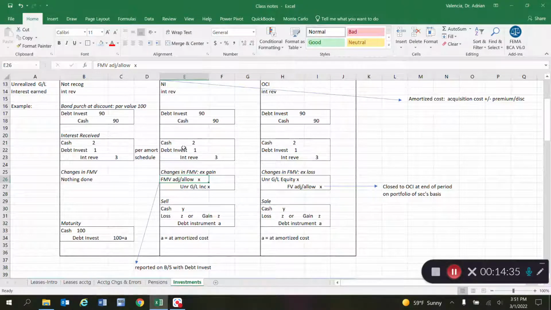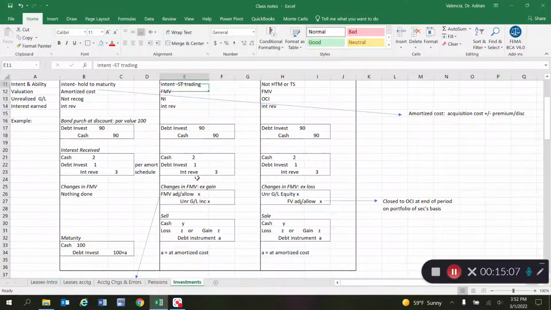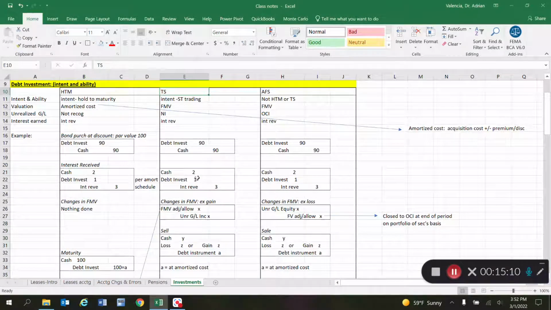This valuation account, or adjustment or allowance account, however you want to call it, is made up of all the other instruments that are being carried at fair market value. So because of that, whenever we have changes in fair market value, we're not going to go instrument by instrument and revalue each one. No, we're just going to carry an overall fair market value adjustment account for the whole portfolio of instruments that are carried as trading securities.